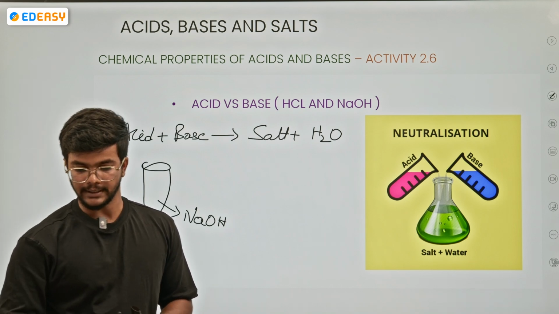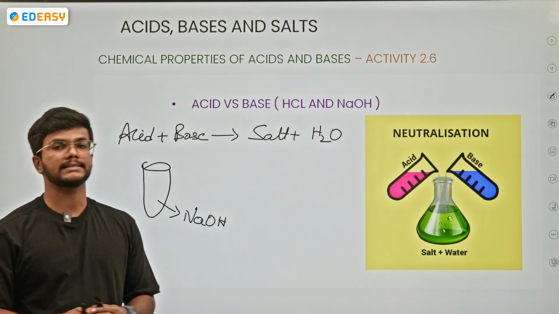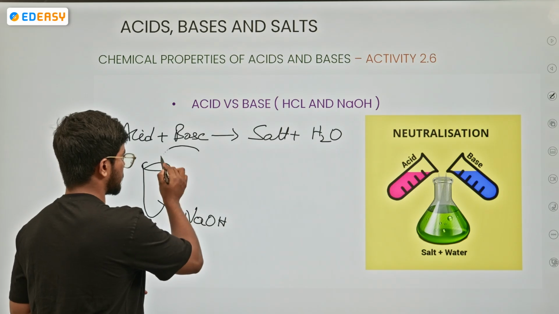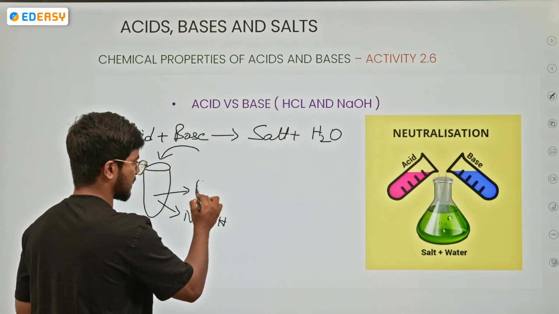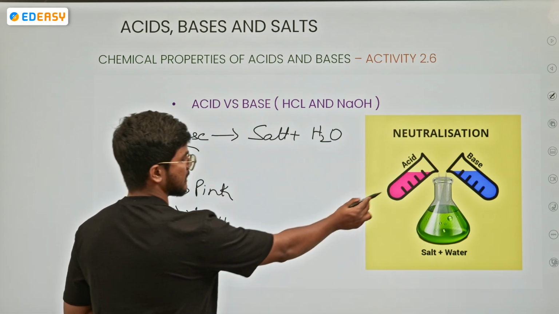We want a liquid indicator. Yes, phenolphthalein is the base indicator. So when you add phenolphthalein indicator to the NaOH, it gives a pink color solution.